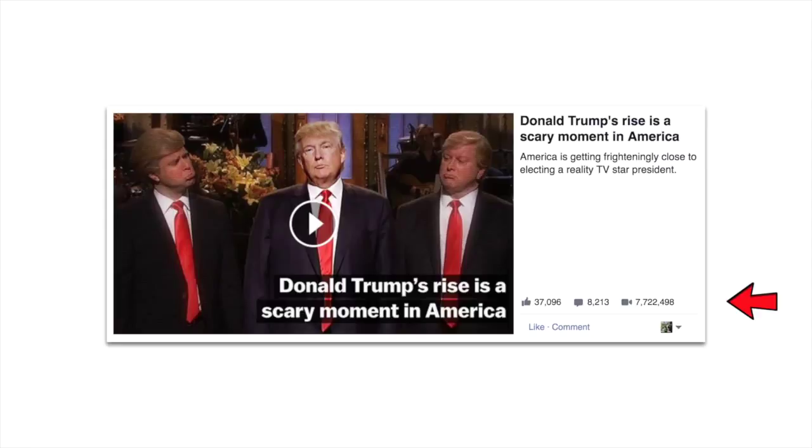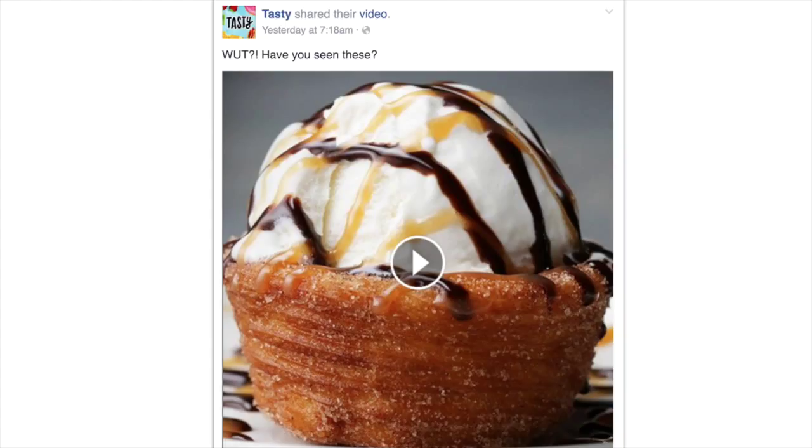You can see here, native video does insane numbers in terms of not just reach, but also engagement. So this, from Vox's page, was seen nearly 8 million times, had 8,000 comments and 37,000 likes. So when I talk about native video being a huge part of the algorithm, you can see it right there.